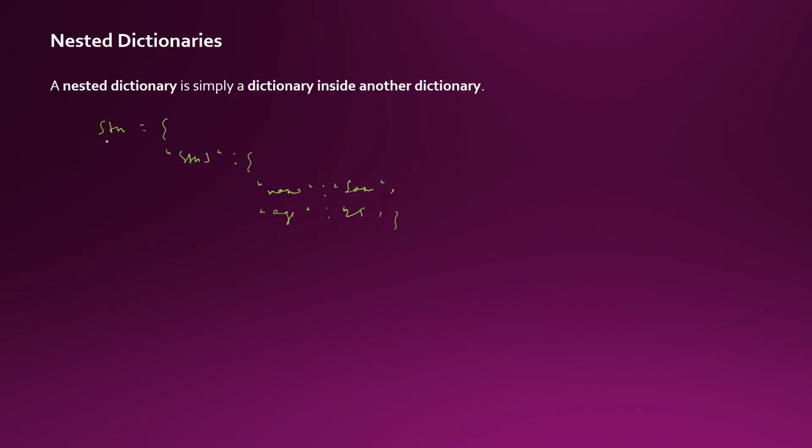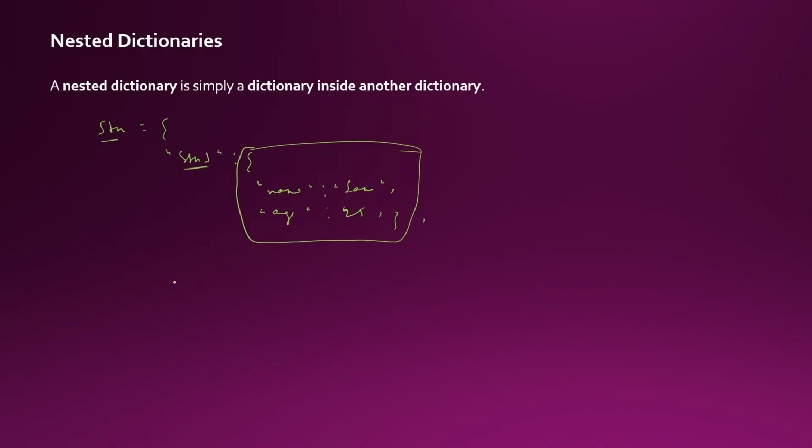Now this student dictionary has one key, student 1, and the value is this one, which is another dictionary. That becomes a nested dictionary. So one dictionary inside another dictionary is called a nested dictionary.